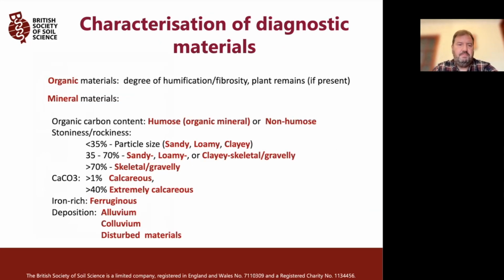We have then ways of characterizing materials. There's many materials we might consider. So we've sort of discussed organic and humose and mineral, that sort of spectrum there. But also things like the stoniness, the rockiness. So when the surveyor's in the field, they'd be looking for examples of these criteria, these diagnostic materials.